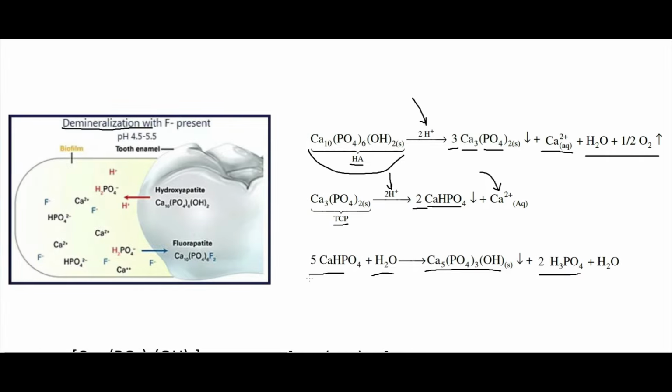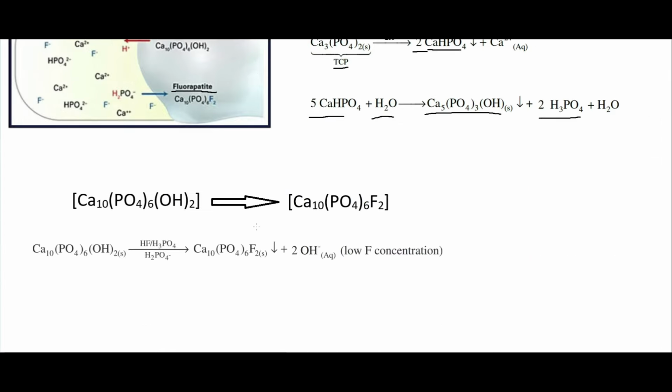And so what is done if we have fluoridated toothpaste, or like here in the US we have fluoridated water, and you can argue about whether the government should be doing that or not, but at least the stated purpose of it is that the hydroxyapatite then turns into fluoroapatite.